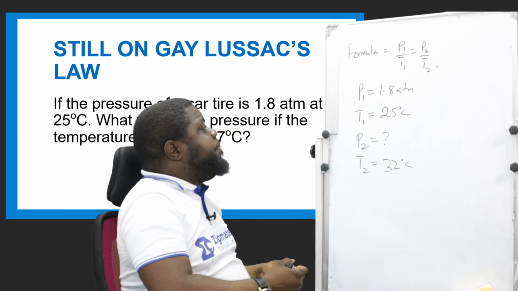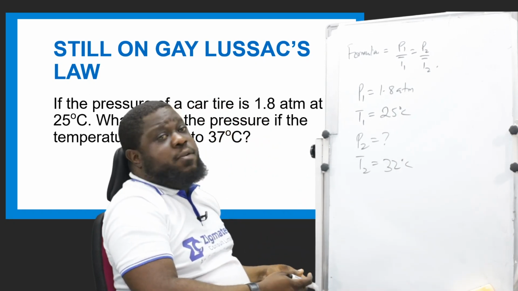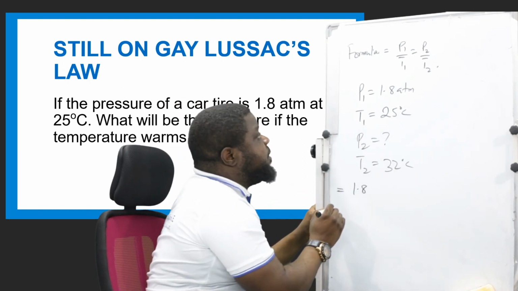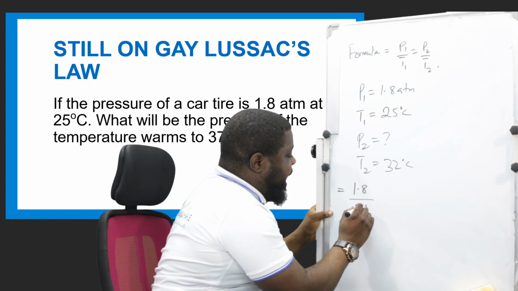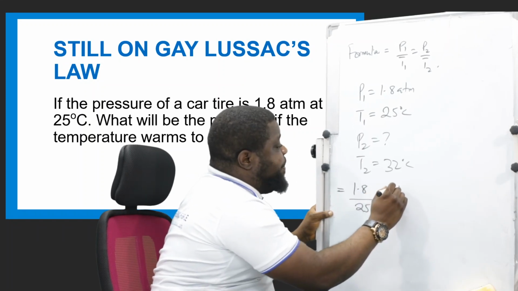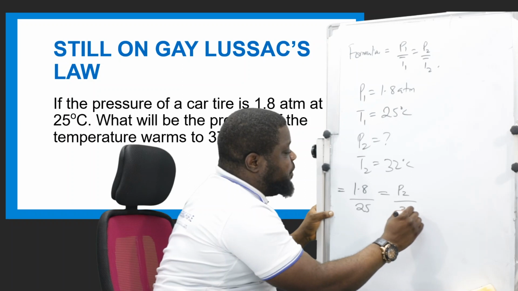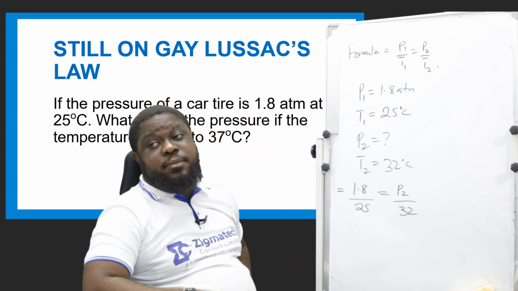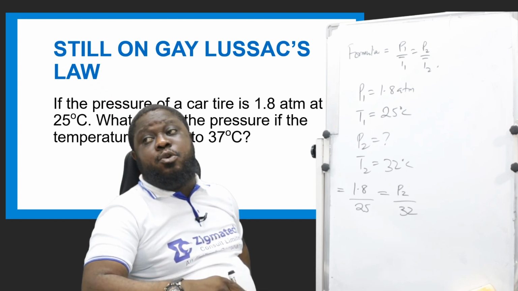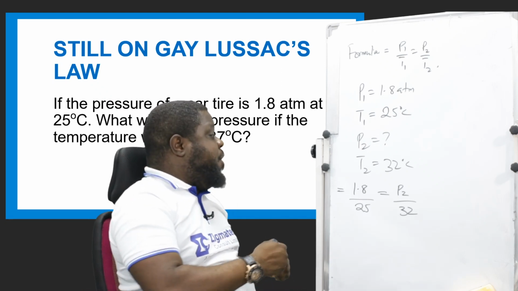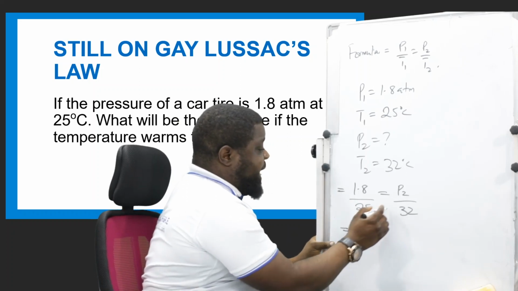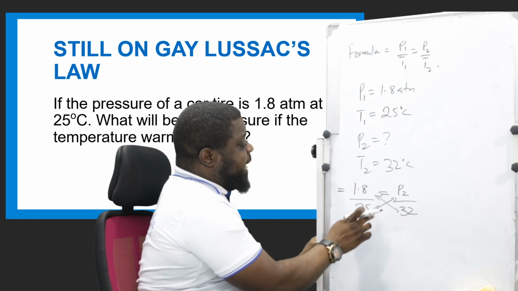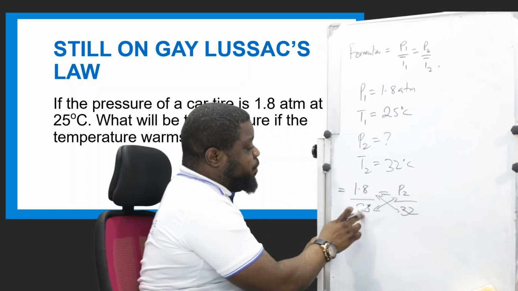Now, the formula says P1 all over T1 equals P2 all over T2. In essence, 1.8 all over 25 equals P2 all over 32. Cross multiplication comes to play. If we cross multiply, it will give us this times this and this times this.